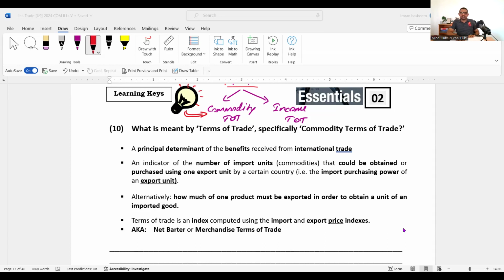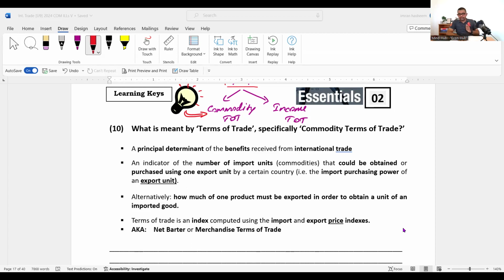The basic concept of terms of trade is, when we export one unit of a product to the rest of the world, whatever we earn for that unit, or for the total income we get from exports. Are you guys with me? Just bring your concentration fully into this.